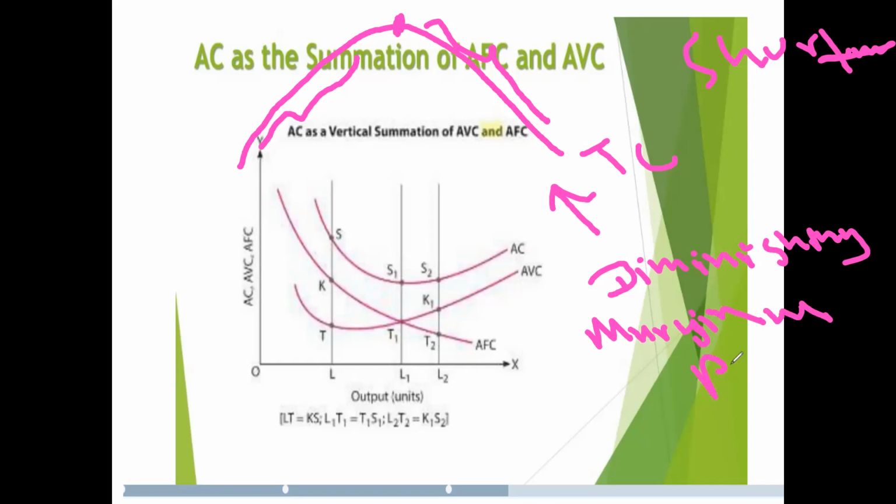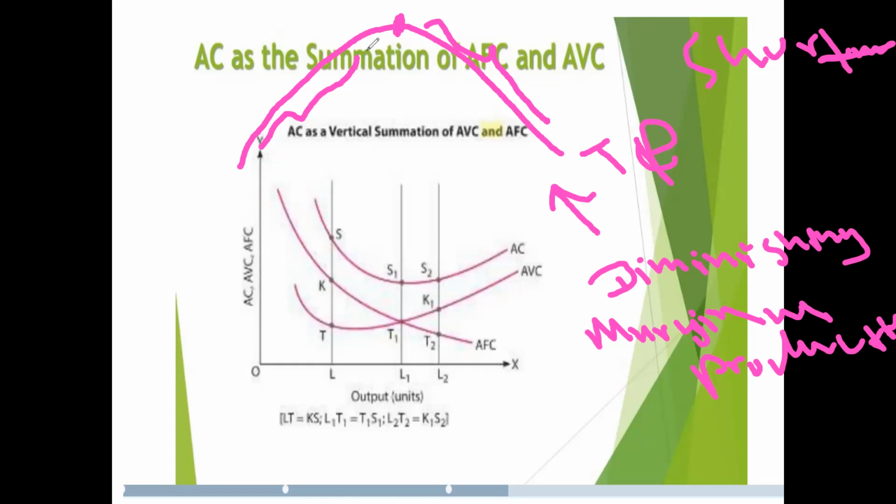Diminishing marginal productivity is what determines the shape of the total production curve, TP. So if we add more and more variable inputs to the given fixed inputs in the short run, what will happen?